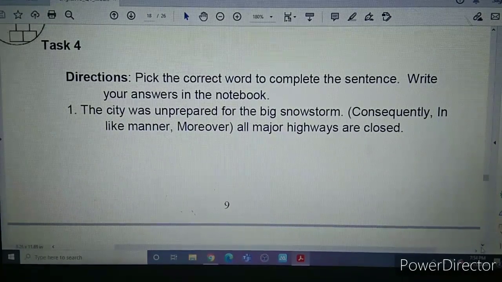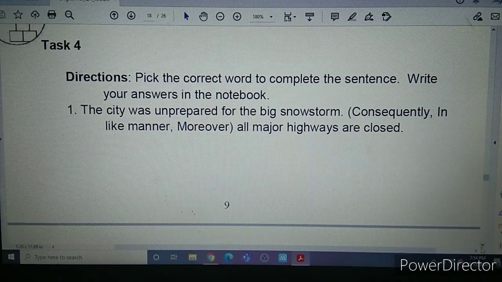Now let's move on to your next activity. We have task 4. So here are the directions. Pick the correct word to complete the sentence. Write your answers in the notebook. Again, you are just going to choose the correct answer inside the parentheses.